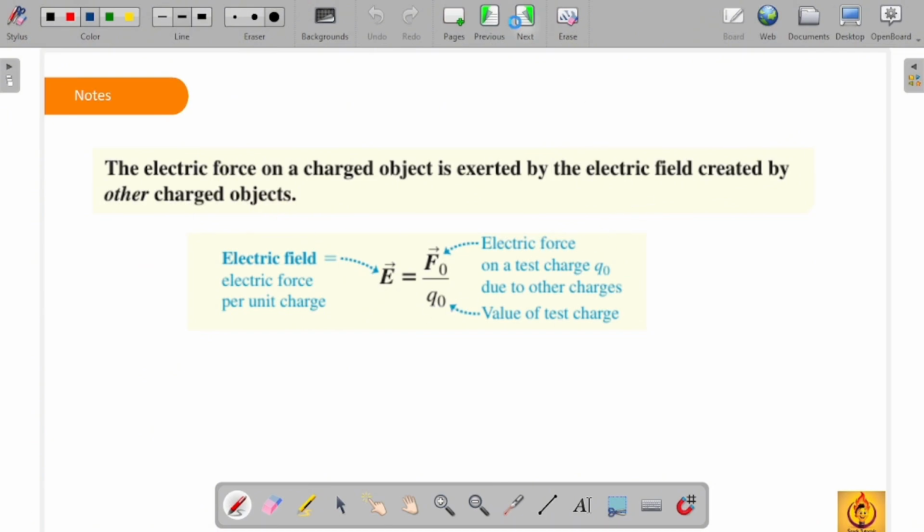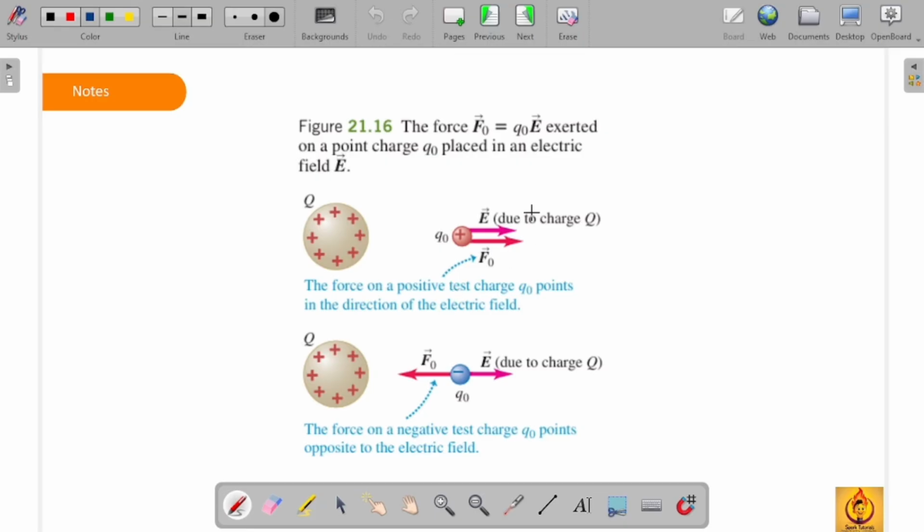So in this diagram, you have this charge that you could say is the source of the electric field. It is the charge that is going to give us the electric force, and Q0 is the test charge. It is the charge that we are going to test how much electric field is due to this big charge.